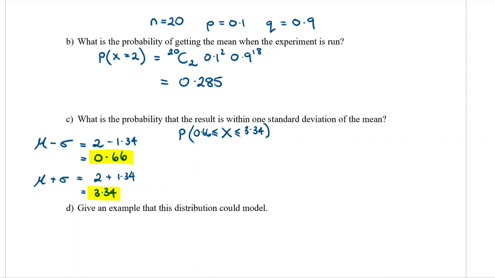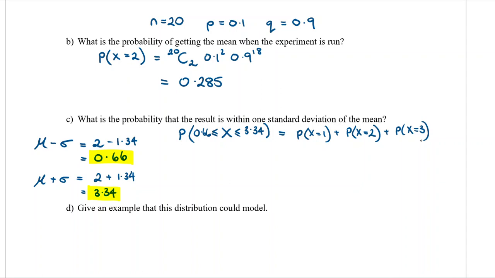It's whole numbers of successes that we can have, right? So what's greater than 0.66 is a whole number. The probability of 1 would be my first option. X is equal to 1, plus the probability that x is equal to 2 and the probability that x is equal to 3. They are the three outcomes that would be between 0.66 and 3.34. Does that make sense?